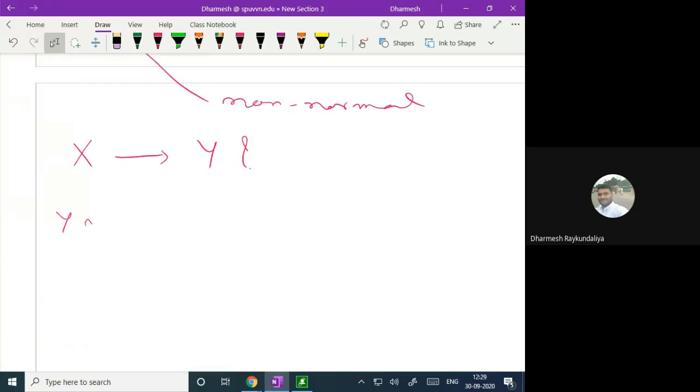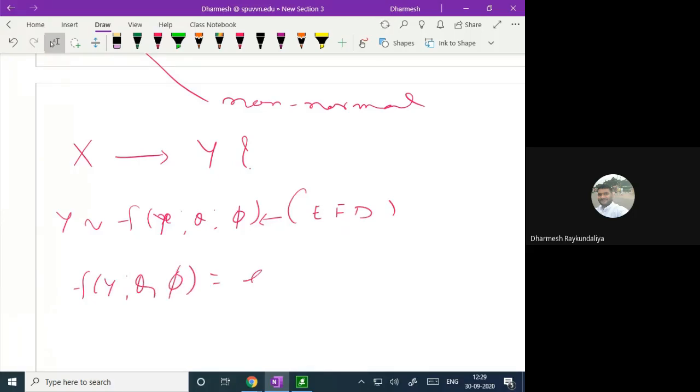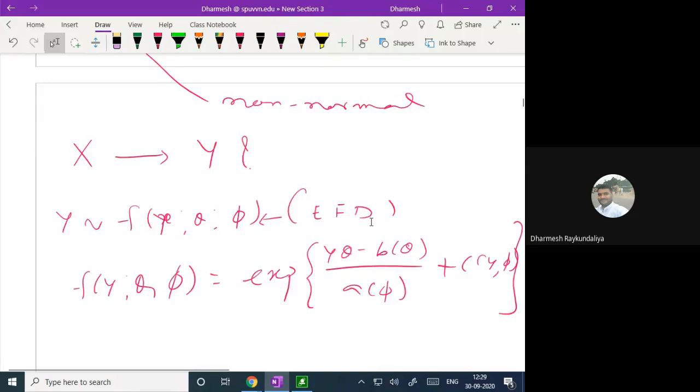if suppose Y has a distribution f(y; theta, phi), and that is nothing but the exponential family of distributions, EFD, whose density is written as f(y; theta, phi) equals exp of (y theta minus b(theta)) upon a(phi) plus c(y, phi).